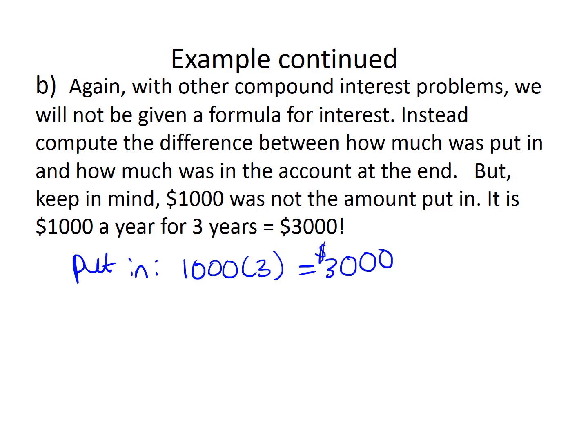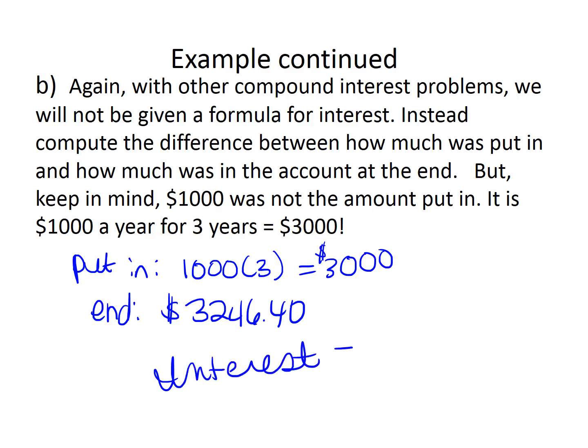So this is going to be different than the problems that we did in the last section, right? You have to figure out the total amount that you put in, and in the end, we got 3,246.40. So of course the interest is the difference between those two.